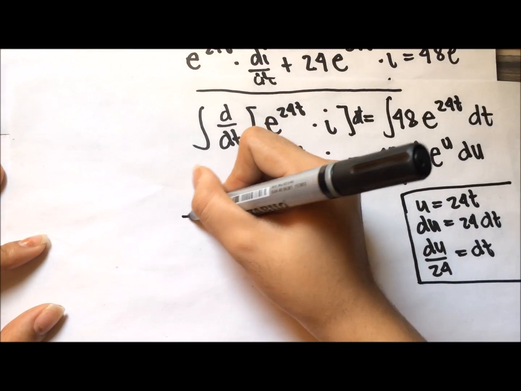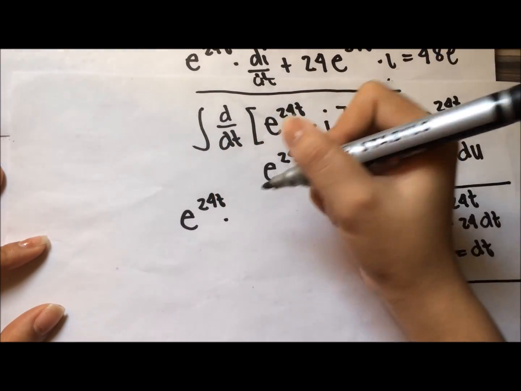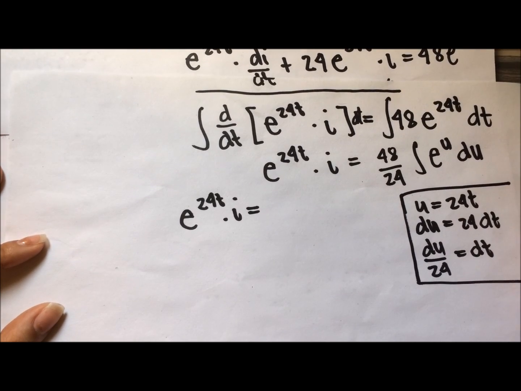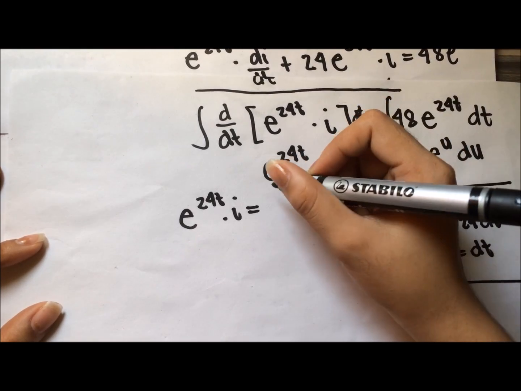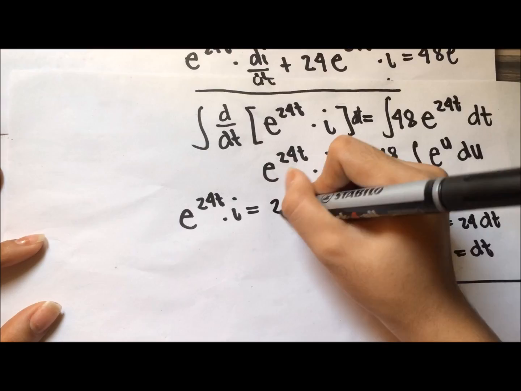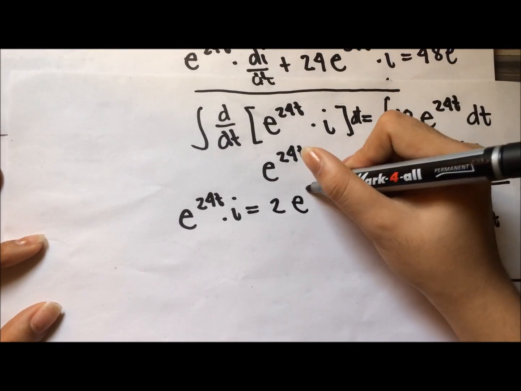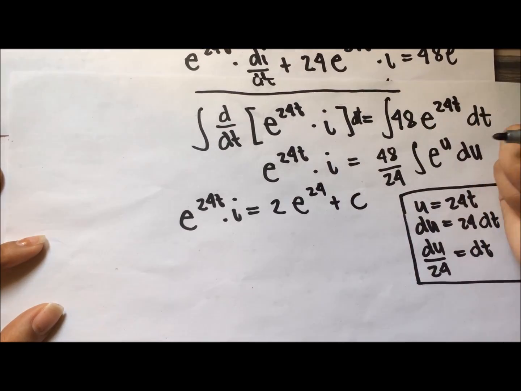So e raised to the power of 24t times i is equal to 48 divided by 24, which is 2, times e raised to the power of 24t plus our constant c.